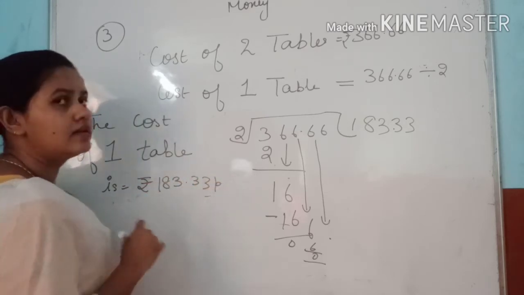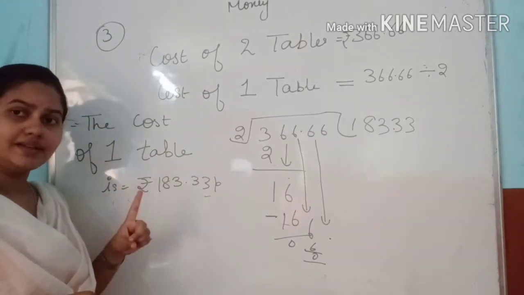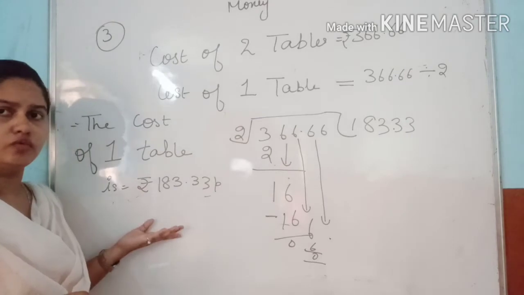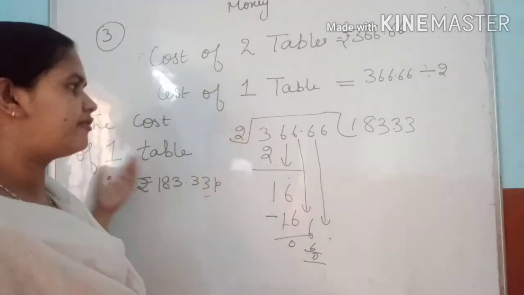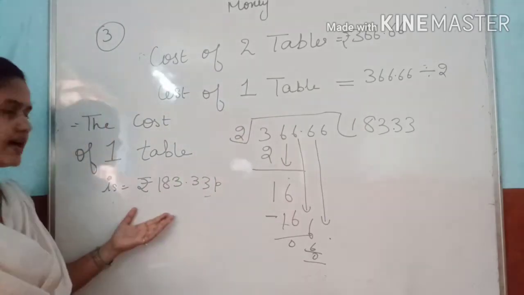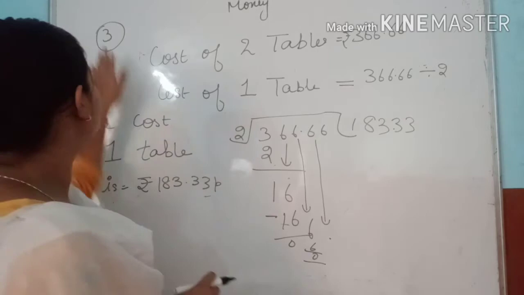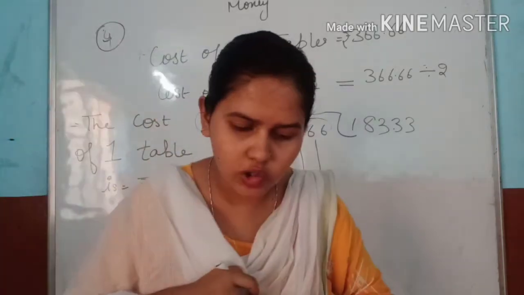Okay, this one is the amount of our 1 table. This is what we have to find, the cost price of that 1 table. So we found it from the 2 tables price. So this one is our answer of our 4th sum. We have done our 4th one also.